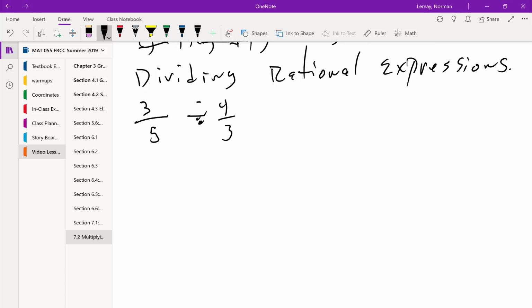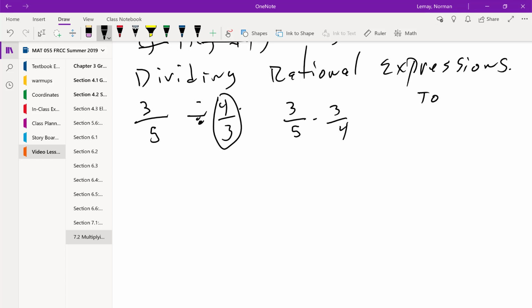So we're going to write this the old-fashioned way. To divide two fractions, the bottom line is we invert the divisor, that is, flip it, and then we multiply.